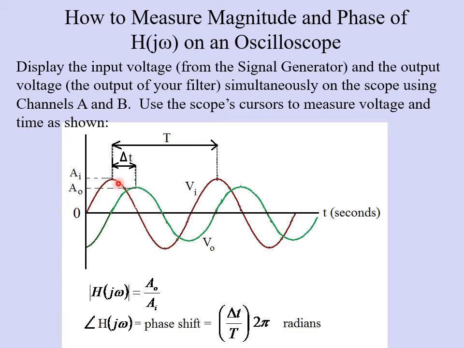And for phase, you can measure the shift in time between these two plots, divide that by the period, and multiply by 2 pi, and that will give you the phase in radians. These are just some basic things that you need to do in order to measure and construct the data from your filter and compare it to the theoretical curves.